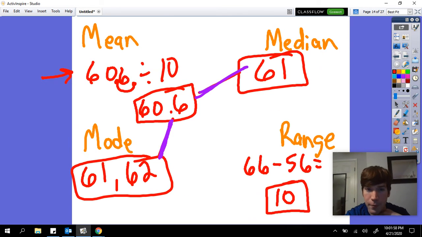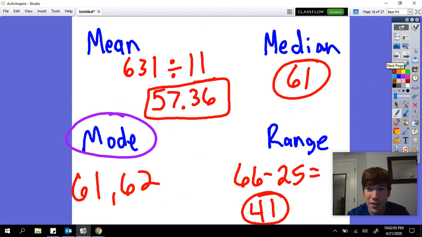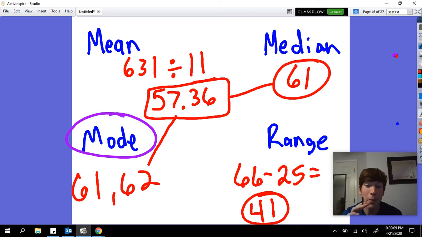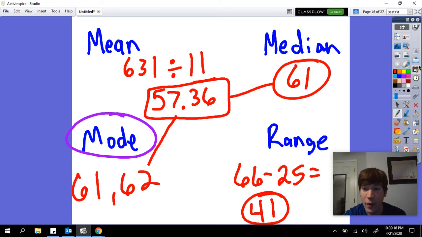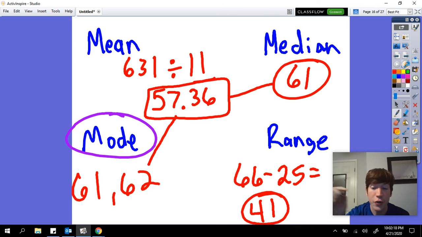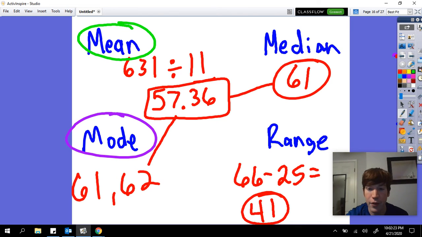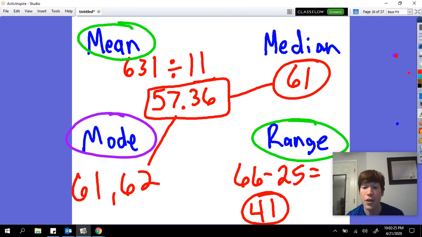Now, you remember before that the mean, the median, and the mode were all basically the same number. Notice now, just because of this one outlier, they're still not far apart, but the mean is now very, very different. So one thing we can say is that when we have outliers, the two things that are affected the most are the mean, or the average, and the range. Those two things are very, very affected by outliers.